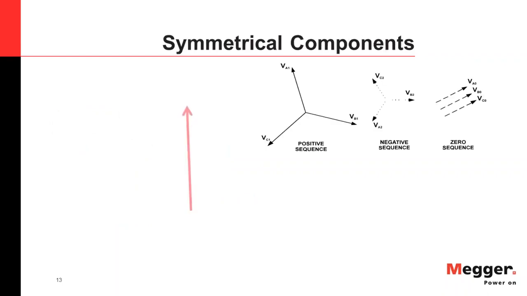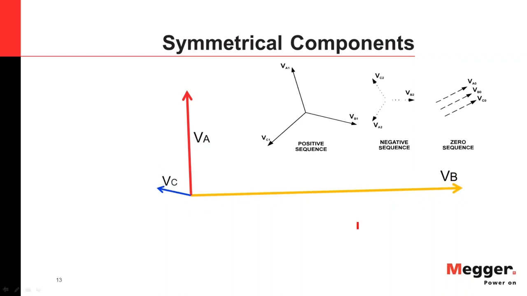Let's take, for example, this unbalanced system. I have my phase A, phase B, and phase C voltages, and they are all unbalanced. Let's add the positive, negative, and zero sequences to get this unbalanced system.